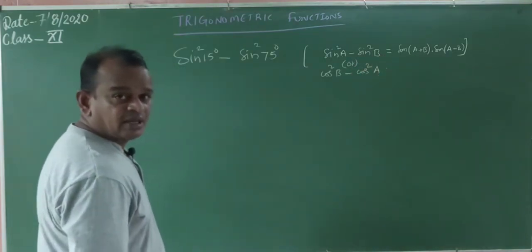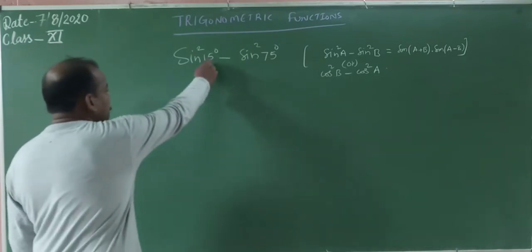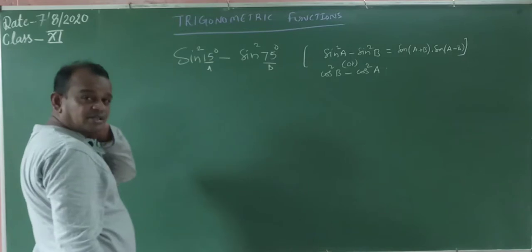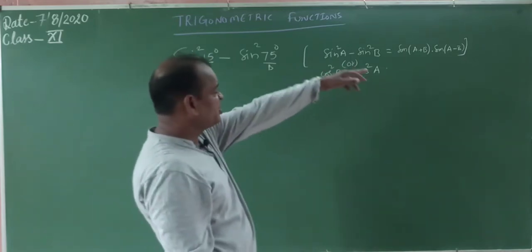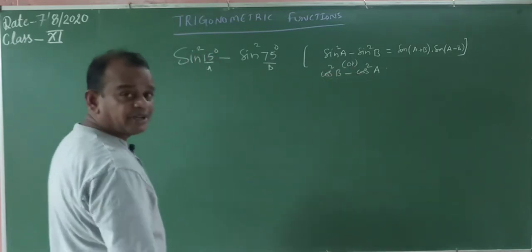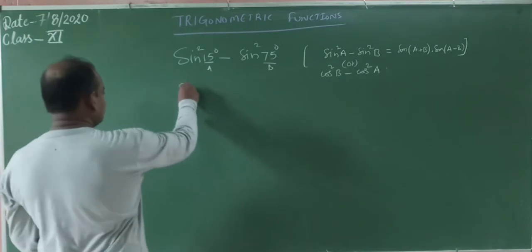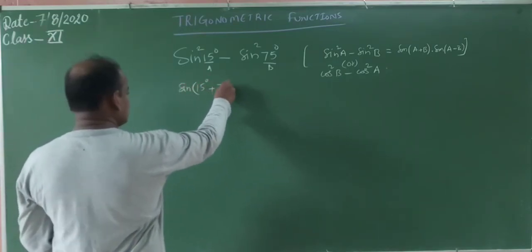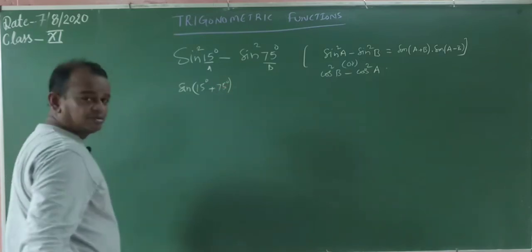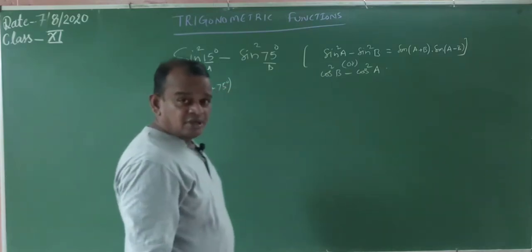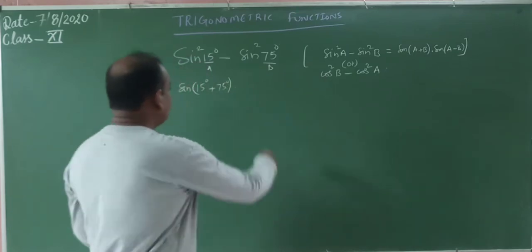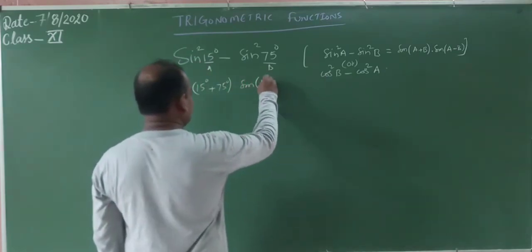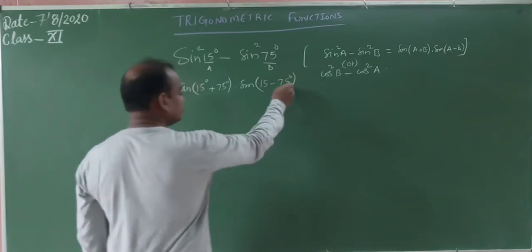Understood? Now suppose this is the value of A, this is the value of B. Sin square A minus sin square B is sin of A plus B into sin of A minus B. Sin of 15 degrees plus 75 degrees into sin of 15 minus 75 degrees.